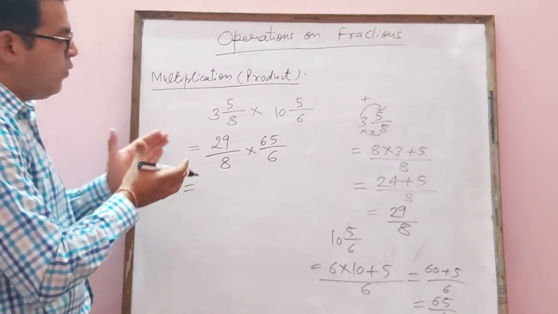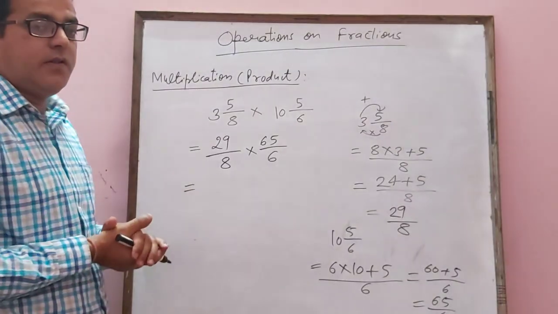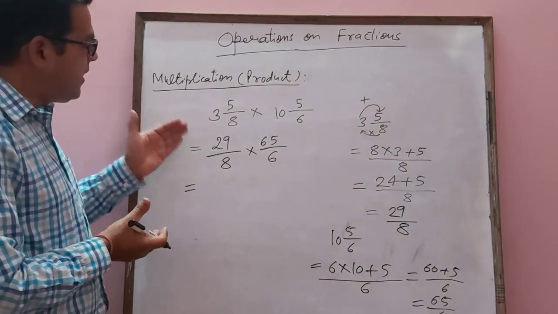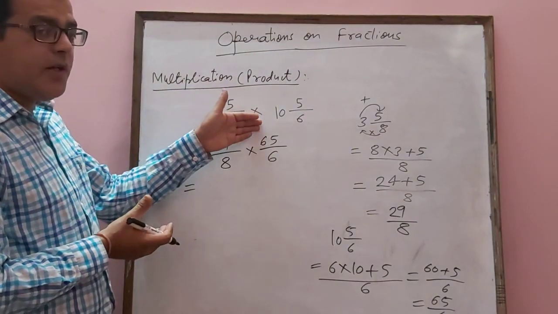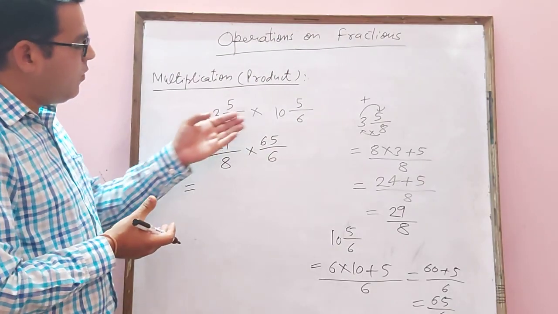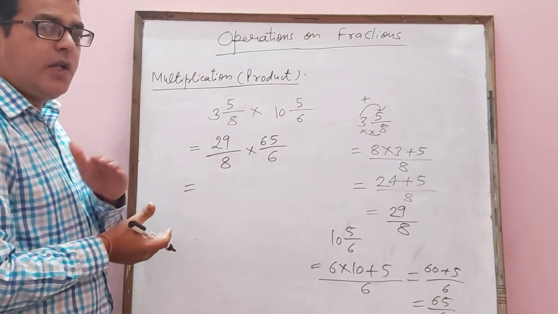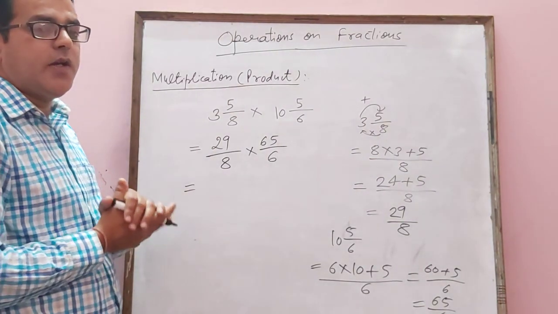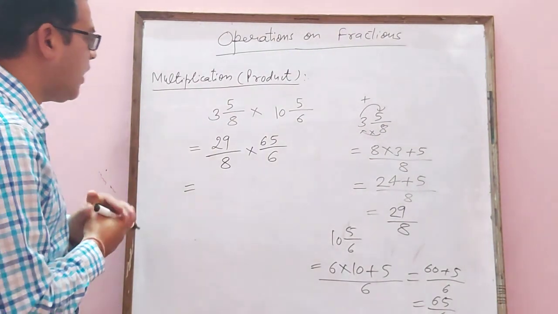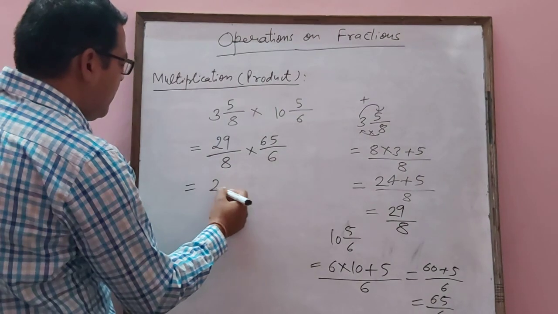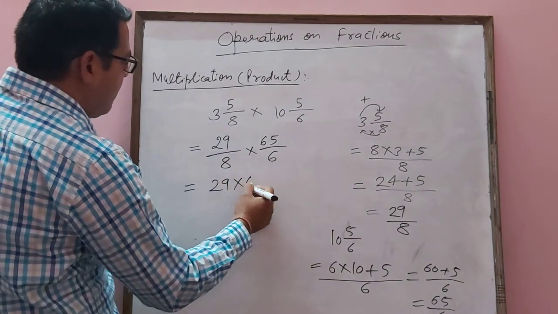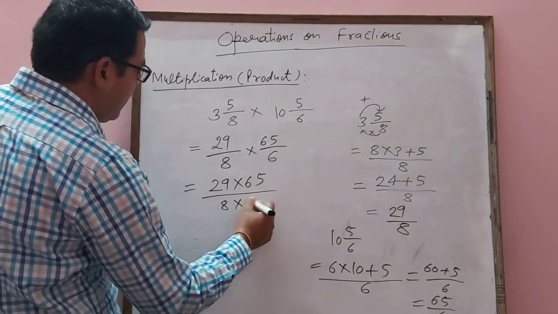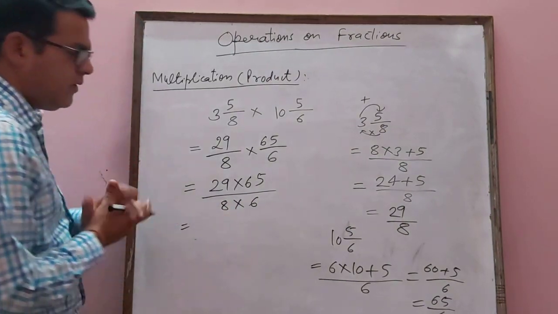Now we have to do the actual multiplication. According to the rule, we multiply numerator with numerator and denominator with denominator, without taking the LCM and without making their denominators the same, right? Don't forget this. So 29 multiplied by 65 we write here, and 8 multiplied by 6 we write here.